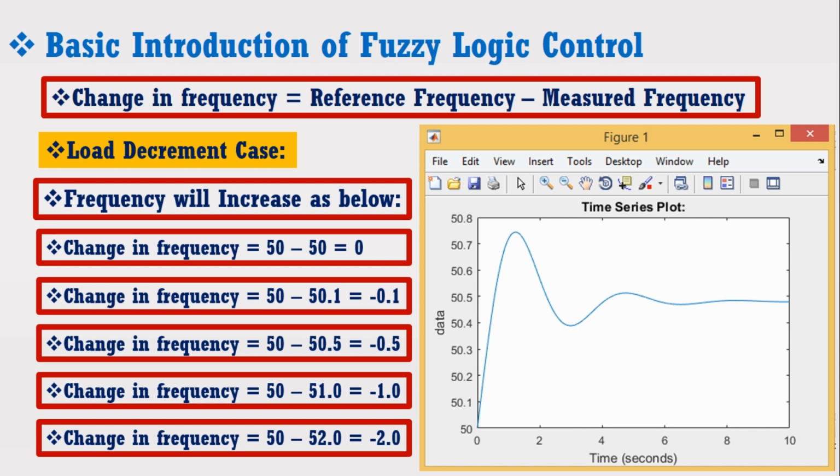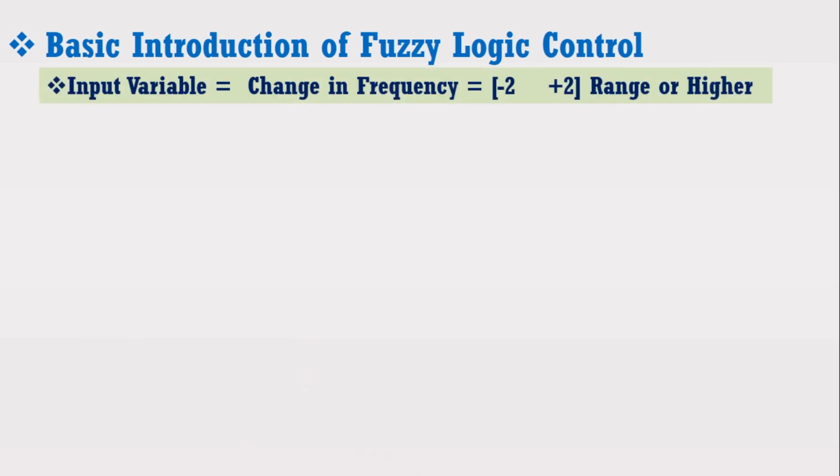Based upon these increments and decrements in load values, we observe that system frequency may change from minus 2 Hz to plus 2 Hz or even more in some cases. It means that the minimum and maximum input range for change in frequency is between minus 2 to plus 2, or a little bit higher for safety purposes.